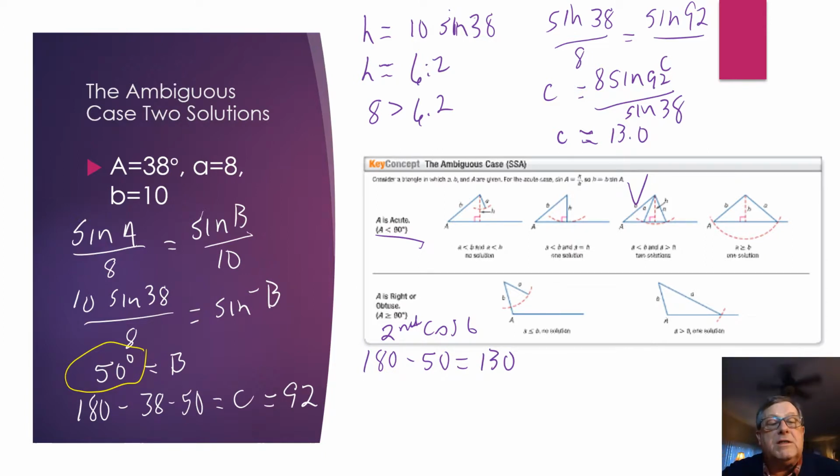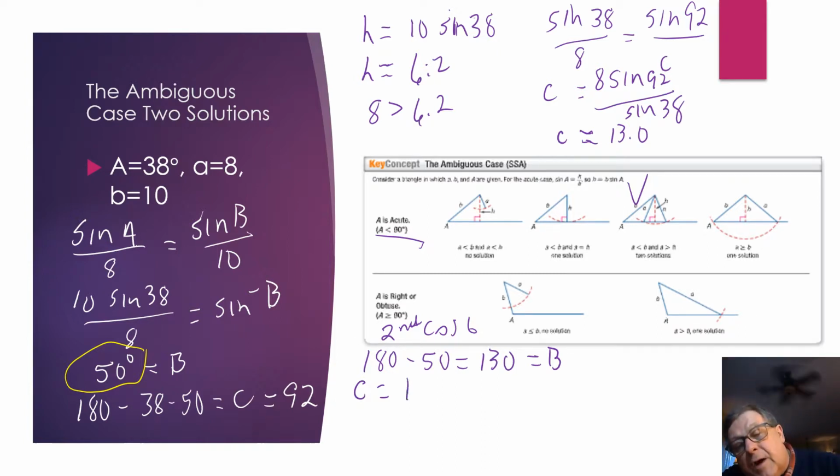Now we already know what side B is, it's 10. That doesn't change. What is going to change, in addition to angle B, is angle C, where before it was 92.